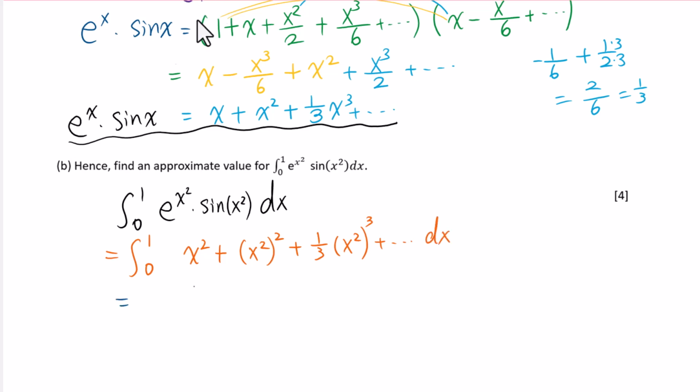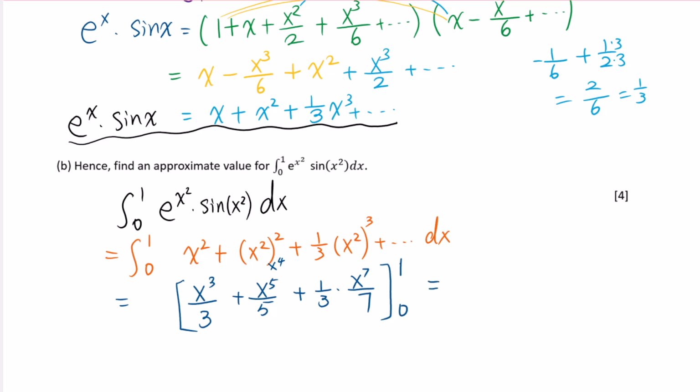Which is x to the third power over 3 plus, this is x to the fourth power, so we got x to the fifth power over 5 plus 1 over 3 times x to the seventh power over 7, from 0 to 1. Do the substitution.